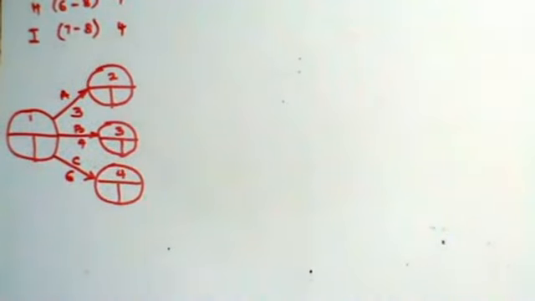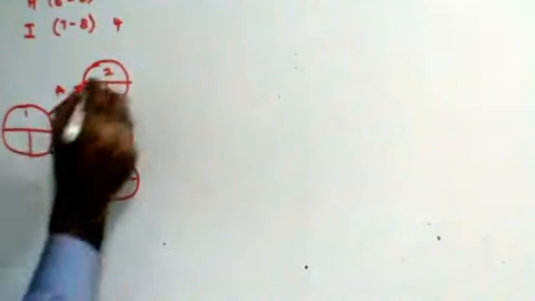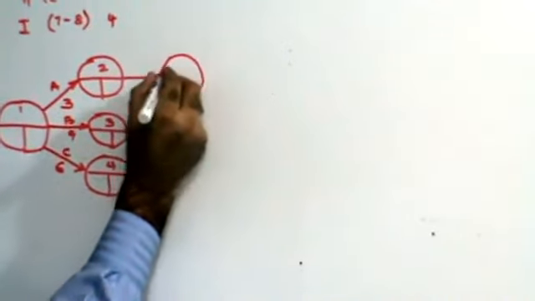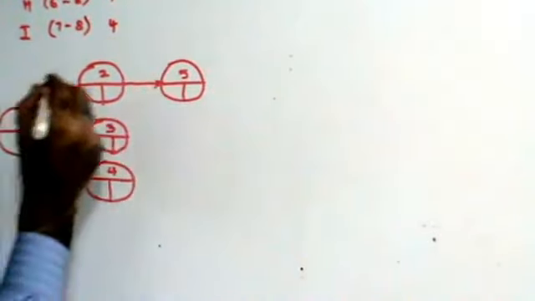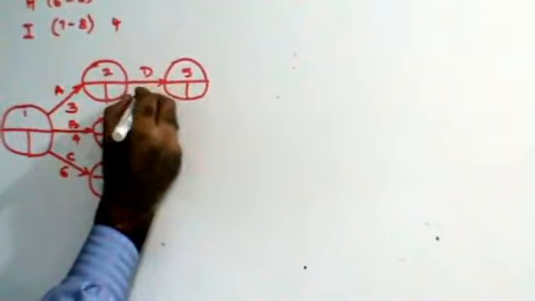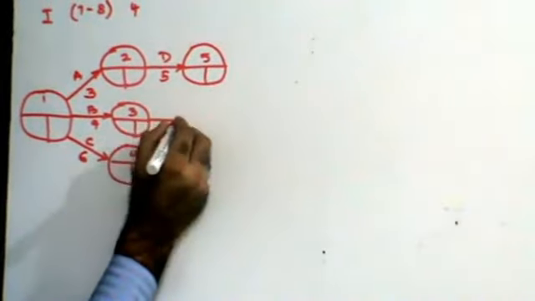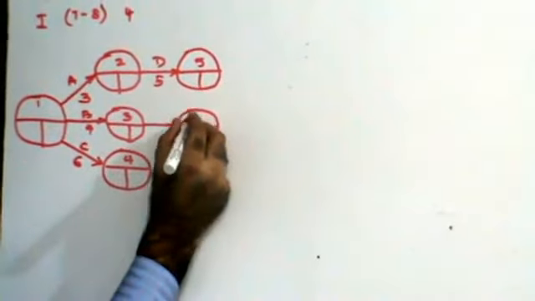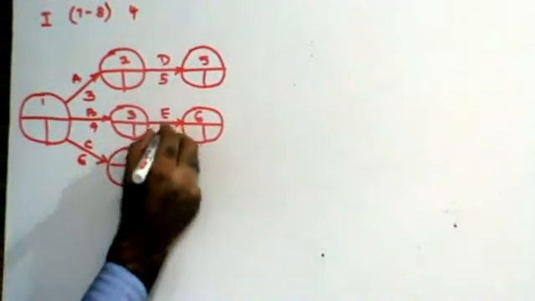Right? Now, 2 goes to 5. This is activity D, which is 5 days. Right? 3 goes to 6. This is E, which is 6 days.